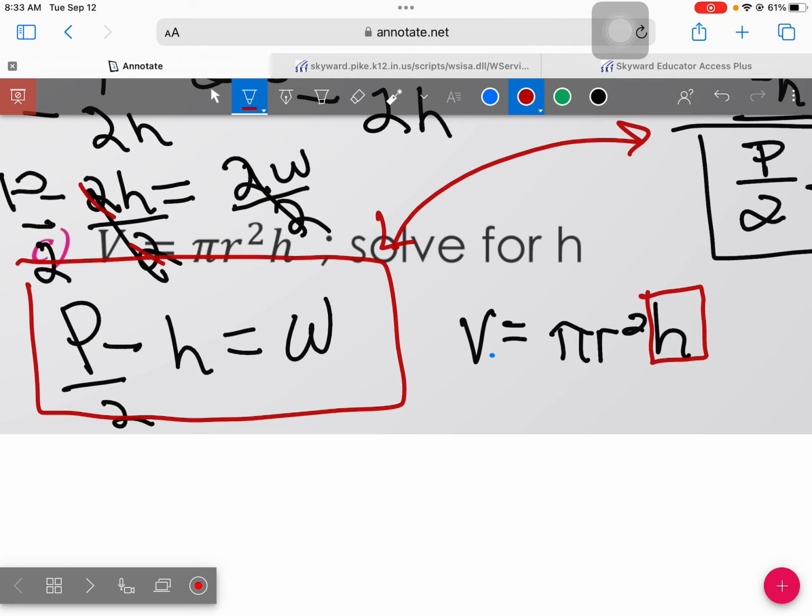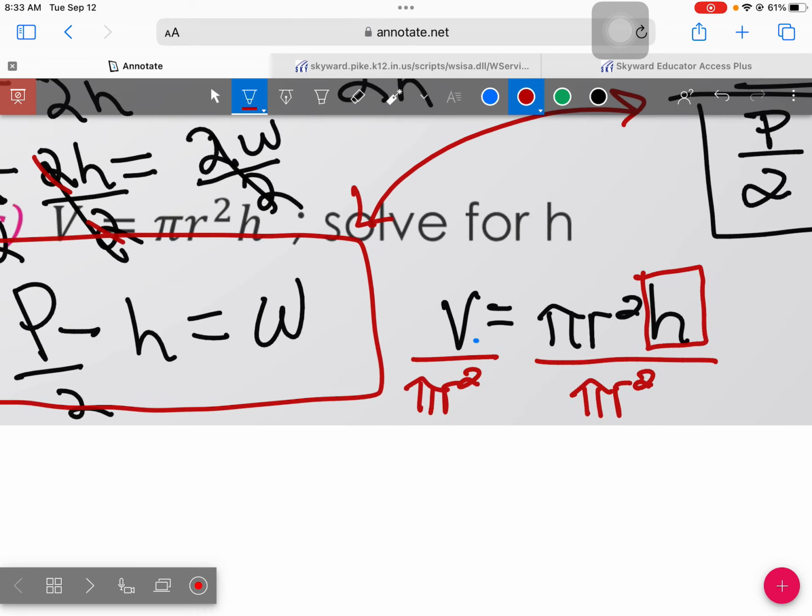And you're left with H is equal to... So H is equal to volume divided by pi r squared.